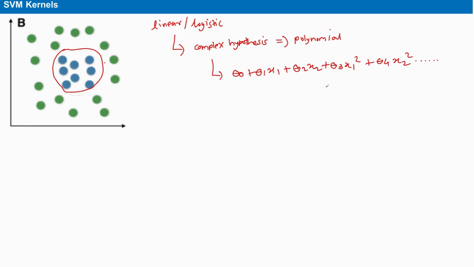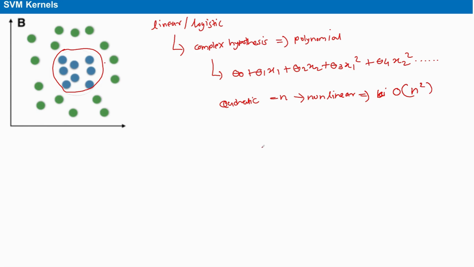In the case of the quadratic hypothesis, which is the complex hypothesis, if you have n features, then in order to make your hypothesis non-linear, the quadratic equation will produce big O of n square additional features.